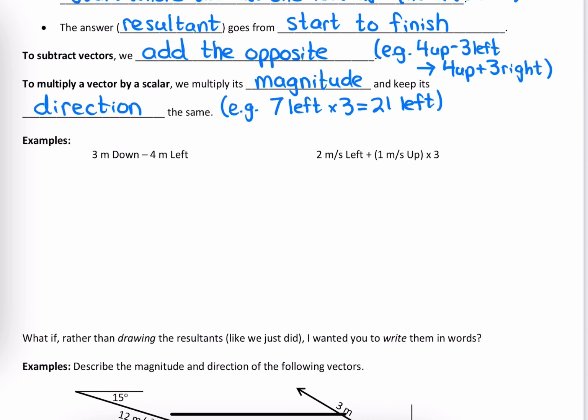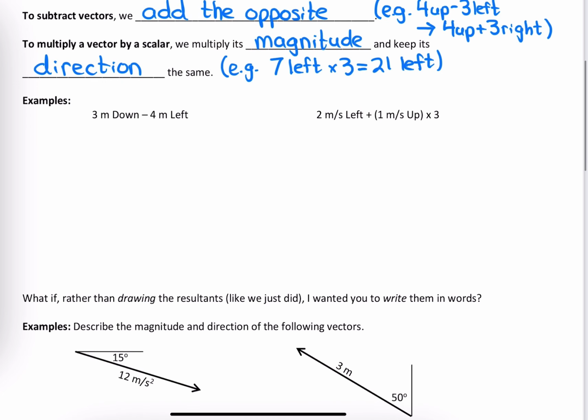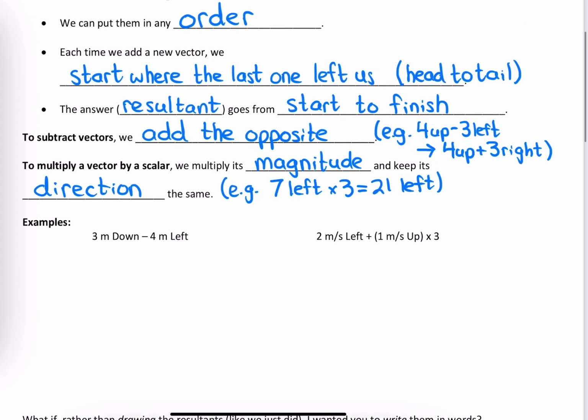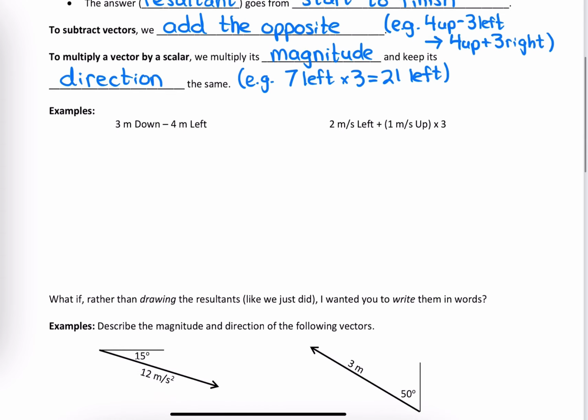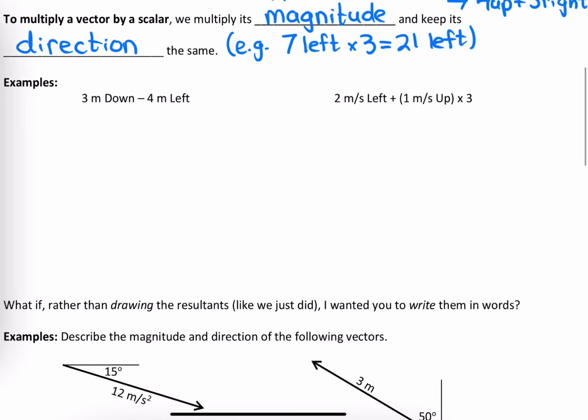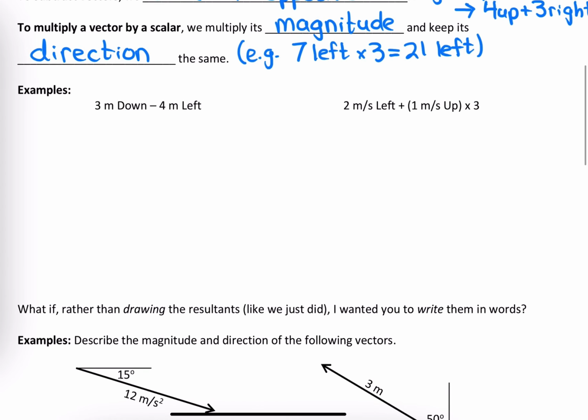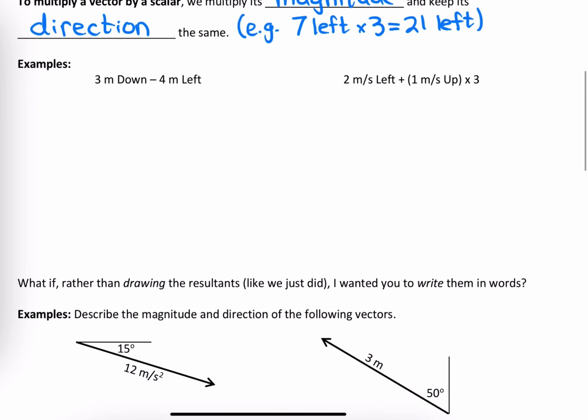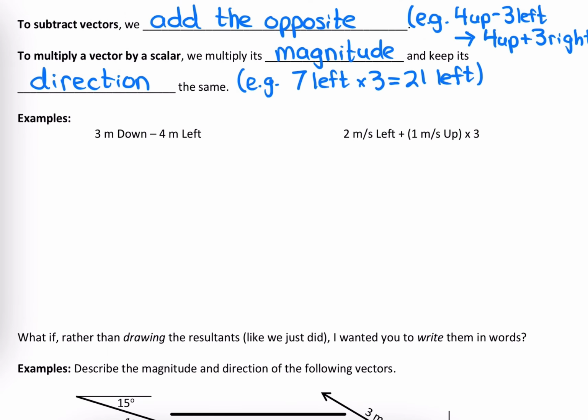Okay, so let's do a couple examples of some simple vector math and draw out our resultants. So 3 meters down minus 4 meters left. Here I have some subtraction. Recall from above that to subtract a vector, I add the opposite.